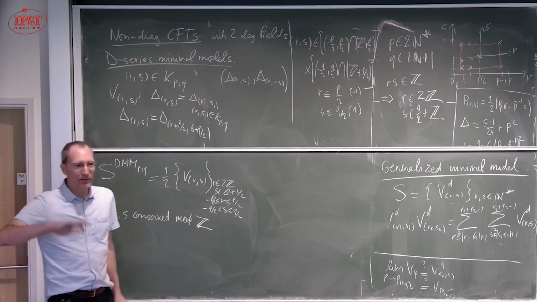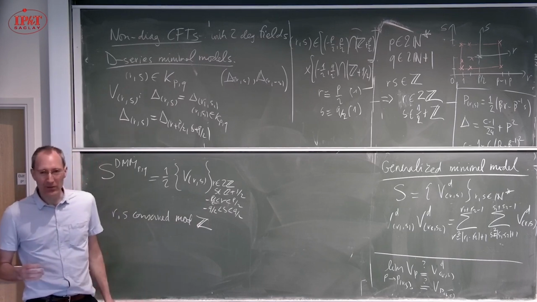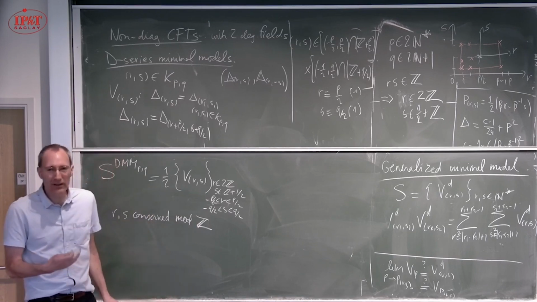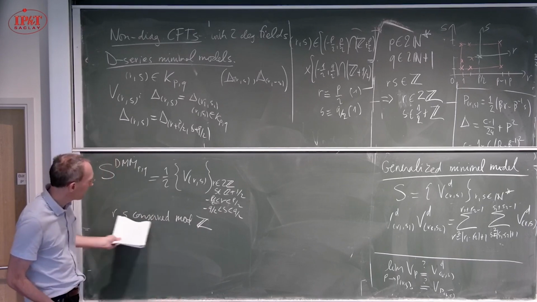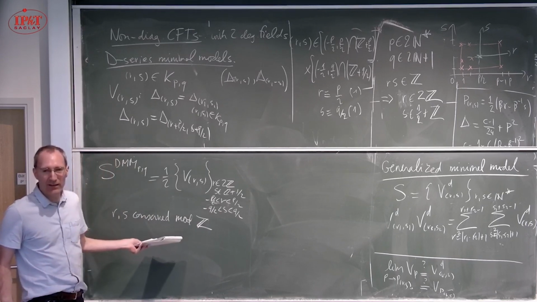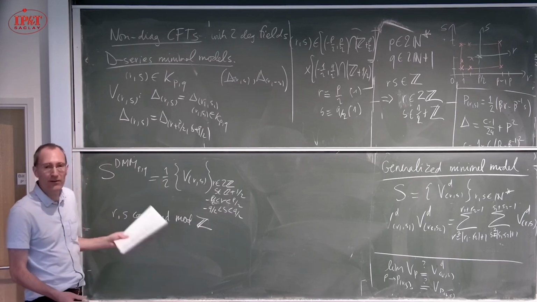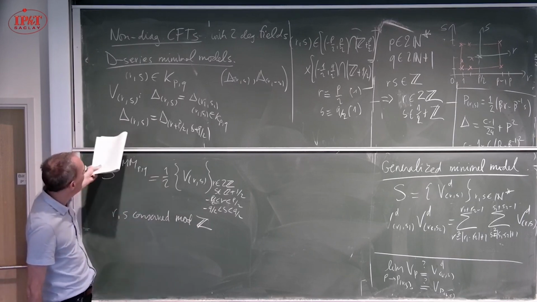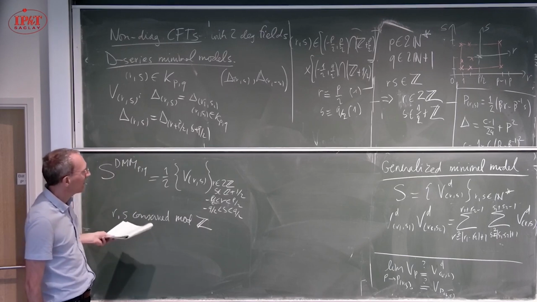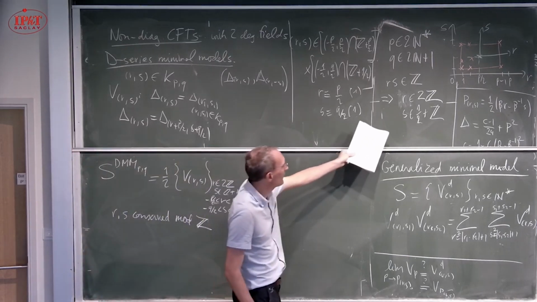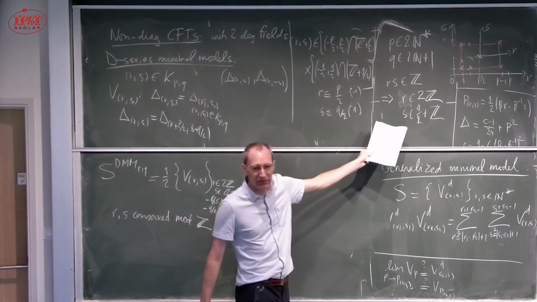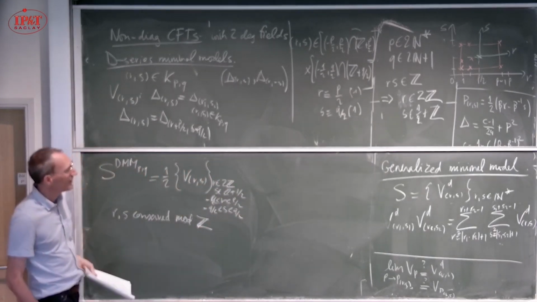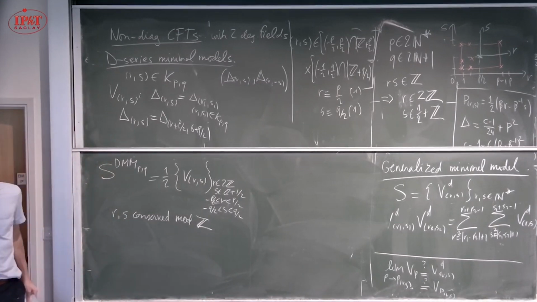Of course, the monodromies of diagonal fields are trivial, because when we computed the monodromies from spins, diagonal fields don't have spins. So for the purpose of these rules, diagonal fields count as having R and S equal to 0. So in D-series minimal models, you have non-diagonal fields which have S half integer and diagonal fields which have S equals 0.